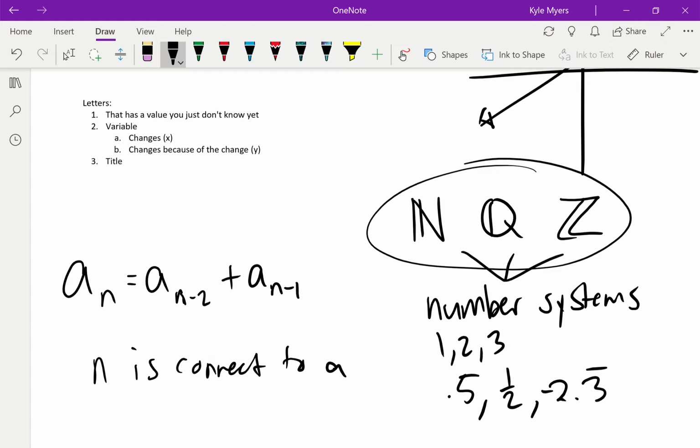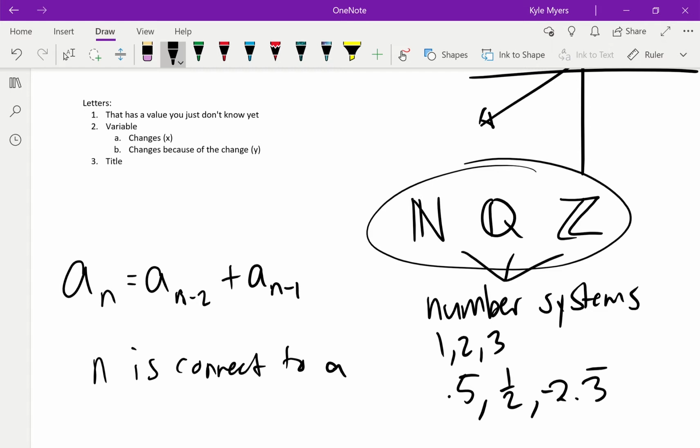When you put a little baby number on the bottom right hand corner, as opposed to a number at the top right corner to represent a power, it helps to distinguish between two similar letters, because I have three A's here, right? But those three A's are actually all different A's. The N and the A work together to create a new title and a new variable.